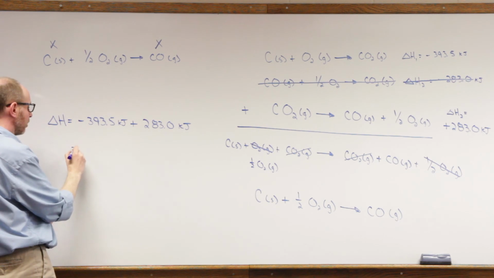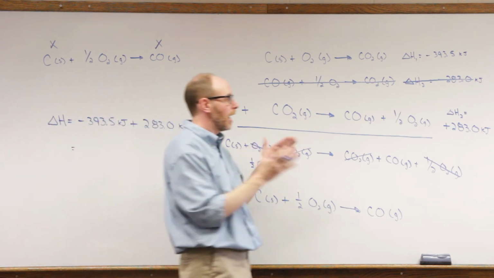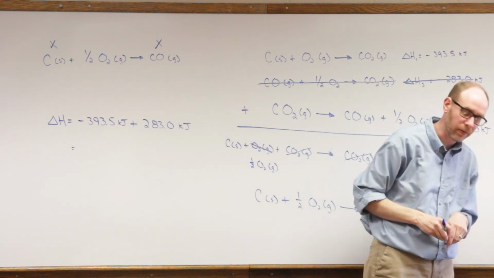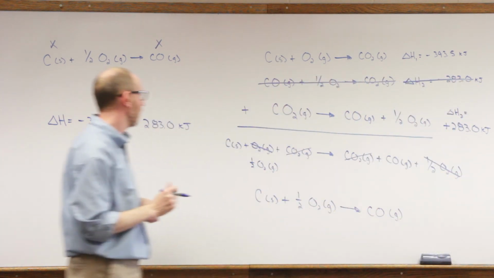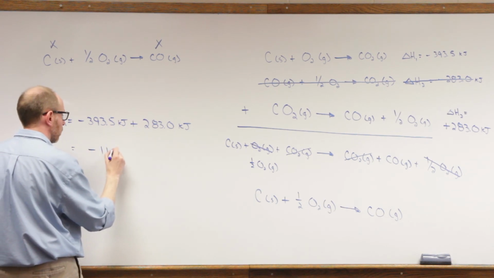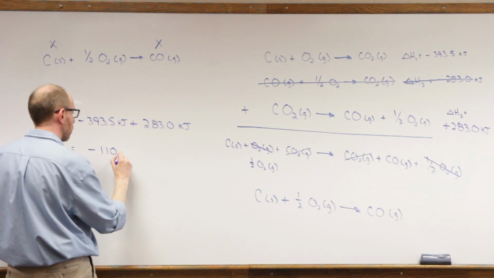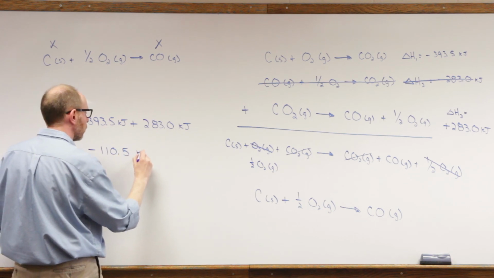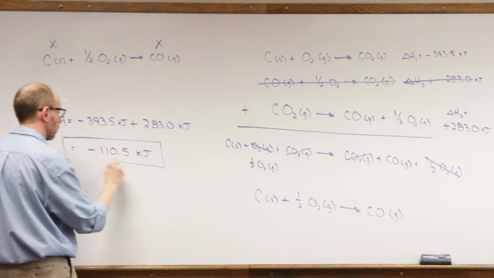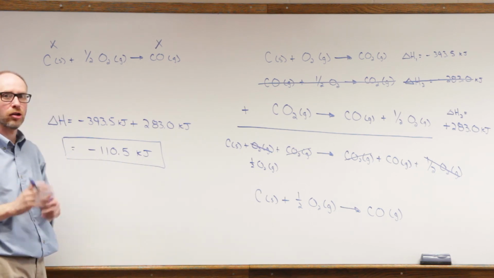Just going to add those 2 enthalpies together because we have added those 2 reactions together. And if we do that, the answer that we should find is minus 110.5 kilojoules. It's a basic Hess's Law problem.